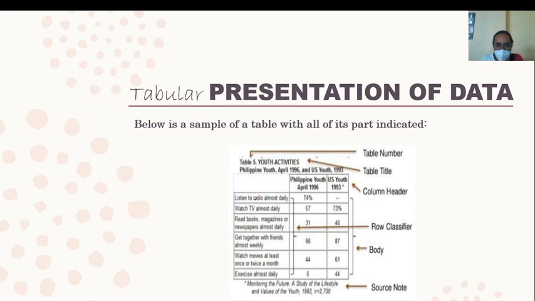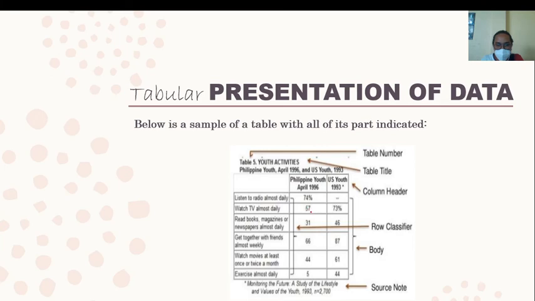Ayan. We have 1, 2, 3, 4, 5, 6. We have classifier, listen to radio almost daily. Ito, Philippines, for the second column, and third, Philippine Youth, April to 1996, may 74%, etc.